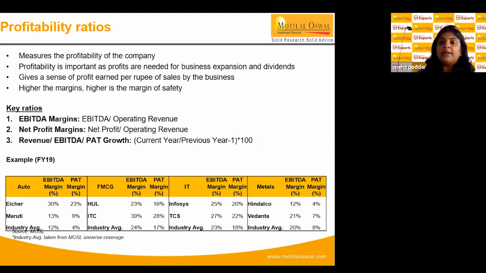So for them, the net profit is not as high as compared to industries like FMCG and IT, which are more debt-free industries, and they are not very asset heavy companies.